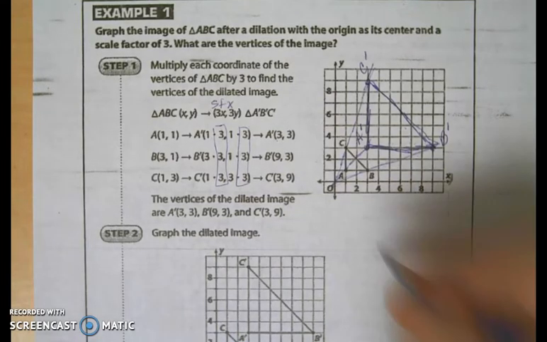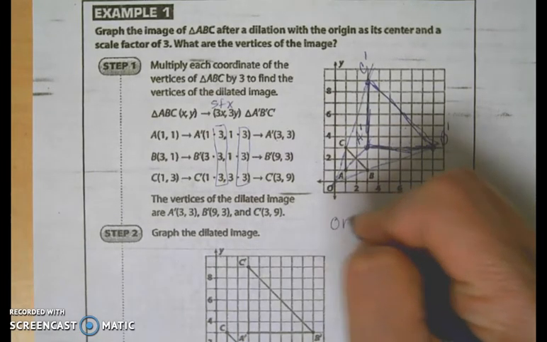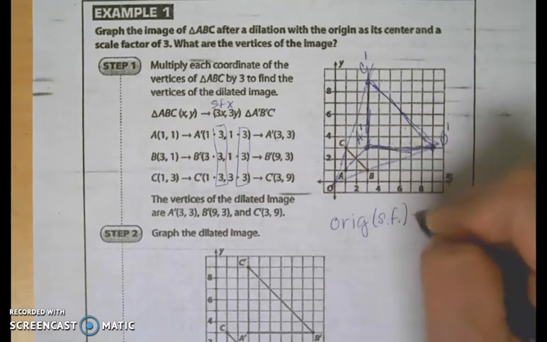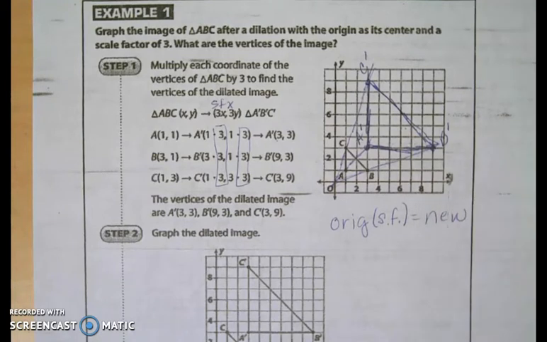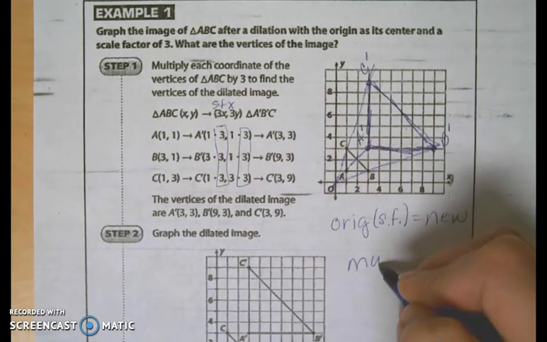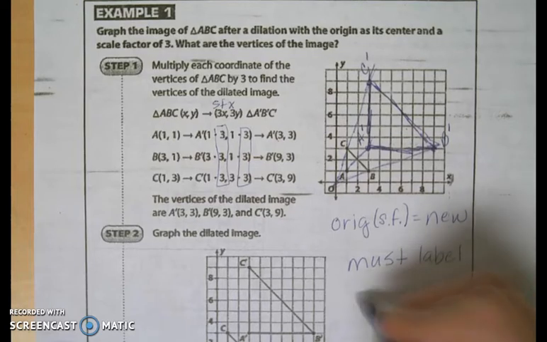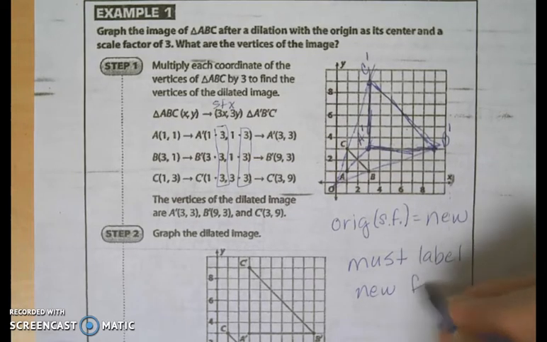And always remember that the original times the scale factor equals the new. You dilate by multiplying. Please remember that you must label your new figure with prime notation.